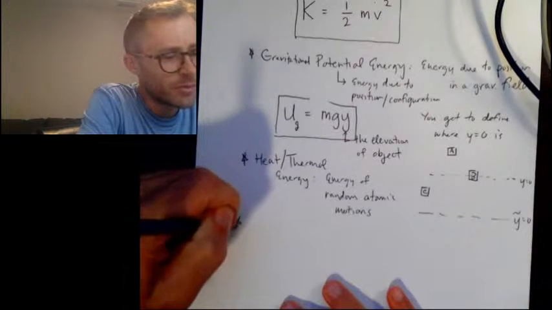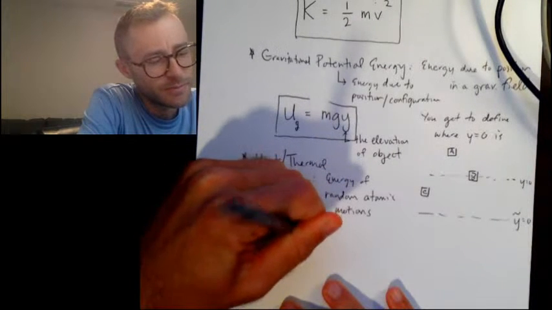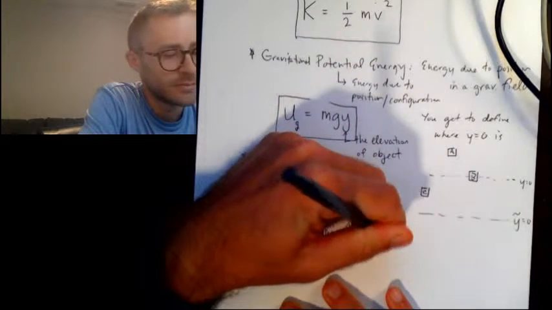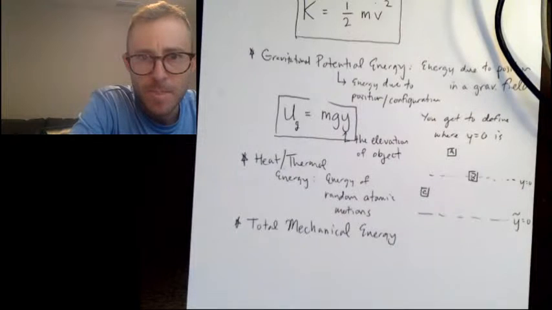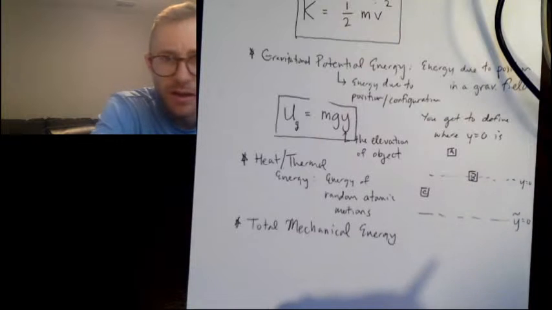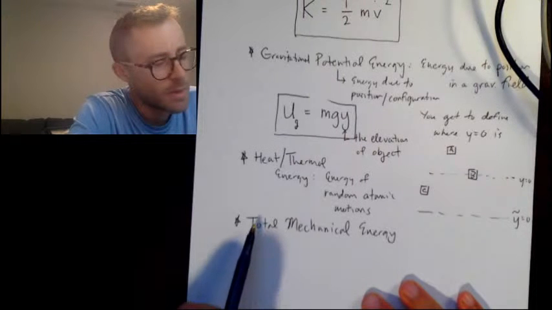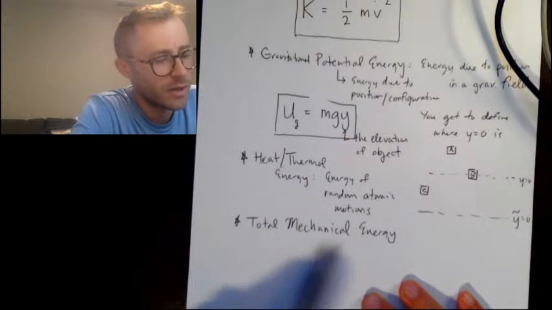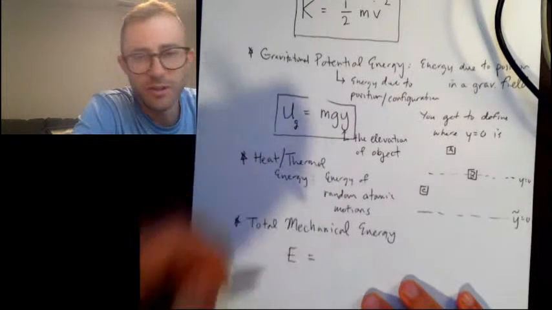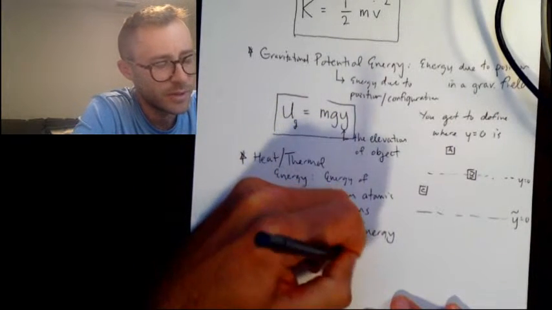So there is something called the total mechanical energy. The total mechanical energy is denoted by E, and it's equal to an object's kinetic energy plus its potential energy.